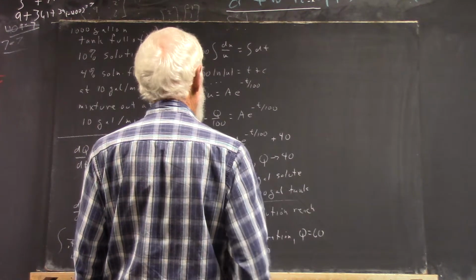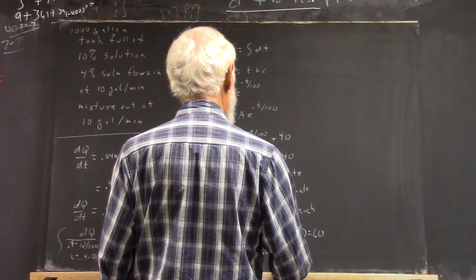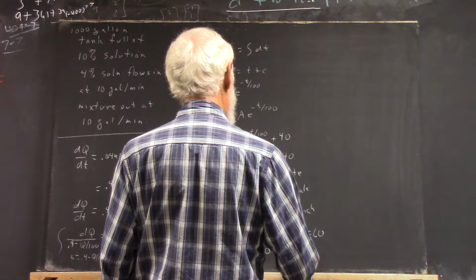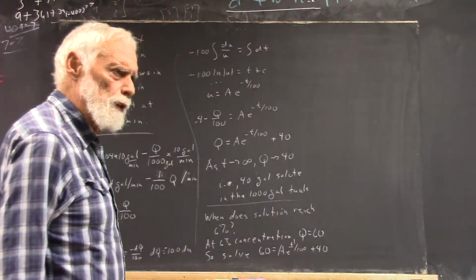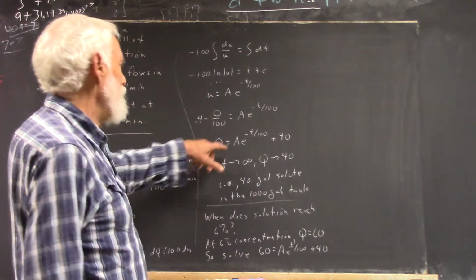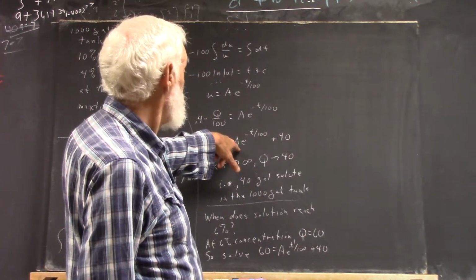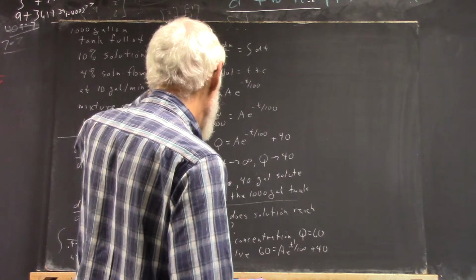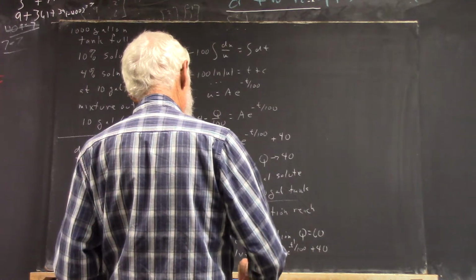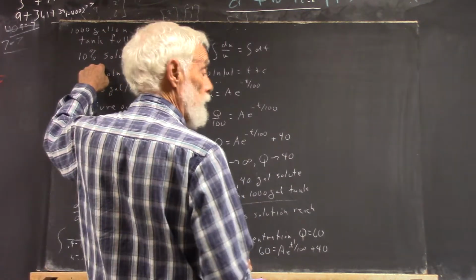Of course, we haven't evaluated A. I'm apparently not totally with it today. Okay, so how are you going to evaluate A? So initial conditions. And so I'll just make a quick note here that initially you got 10%.